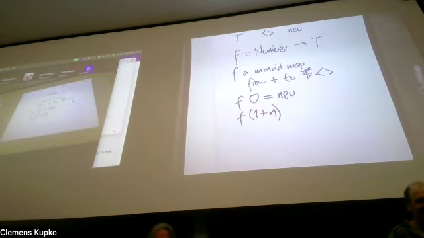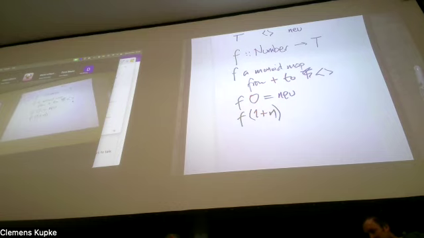Successor of n is otherwise known as 1 plus n. That's an example of using the freedom to compute any way we want. So we don't know what this is, we need to figure out what this is.